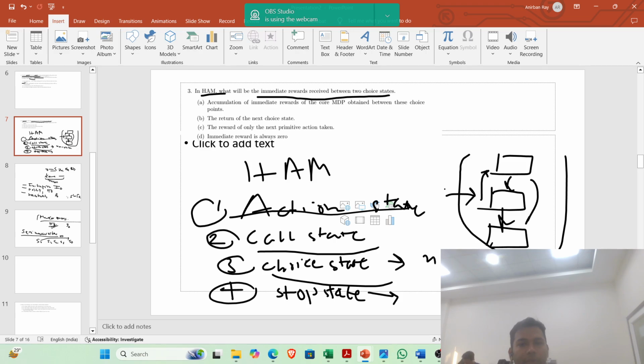The point of this is that the actions taken in between the two choice states, whatever reward is accumulated because of these, will be the immediate reward in this case. It is the accumulation of immediate rewards of the core MDP between these two choice states. This is the answer.